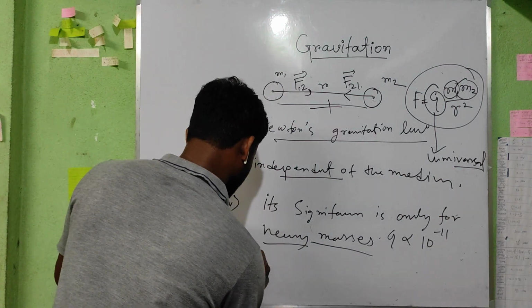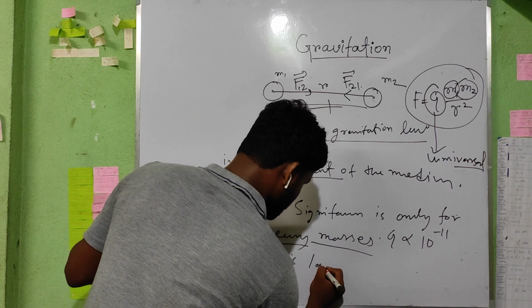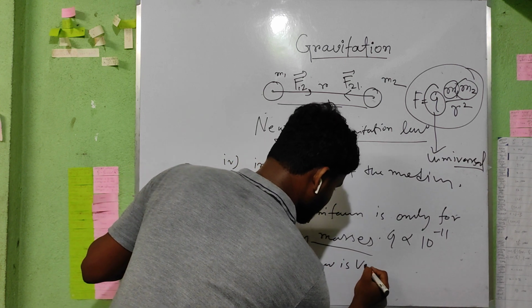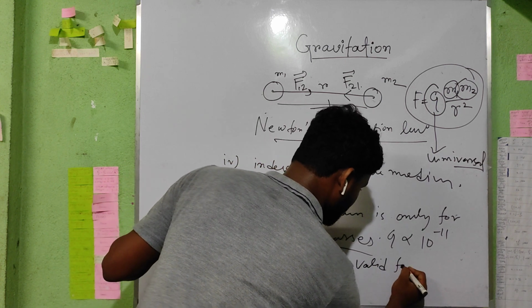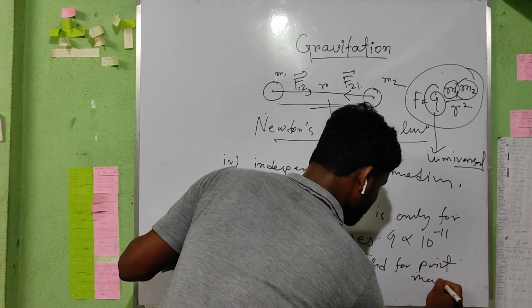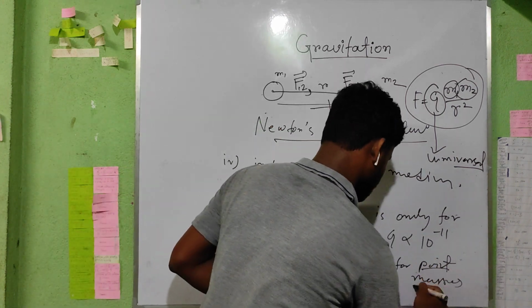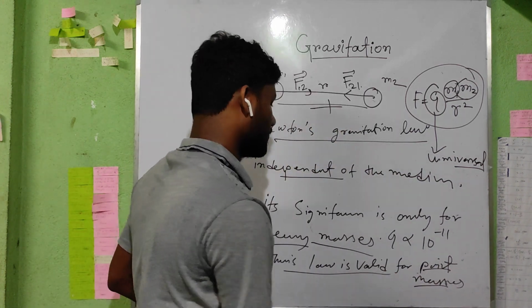And 6, the last point is, this law is valid for point masses. That is very important. What is meant by point mass and why is this only valid for point mass?